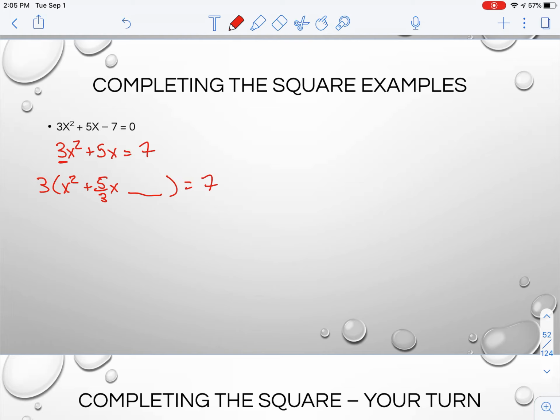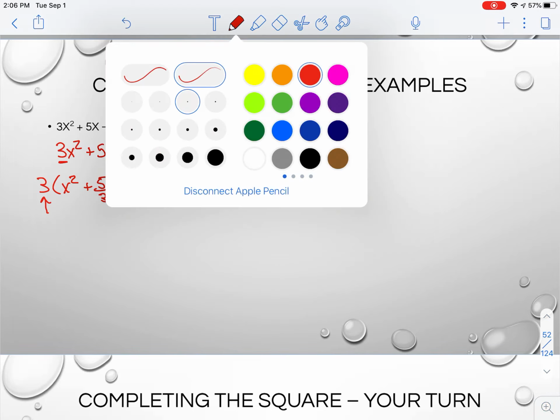Because this a value over here is 3, whatever I'm adding, my b divided by 2, I have to multiply by 3 over here. So if you're doing this on a calculator, I took 5/3, because that's my b value, divided it by 2, and then squared it, and then converted that into an improper fraction, which is 25/36.